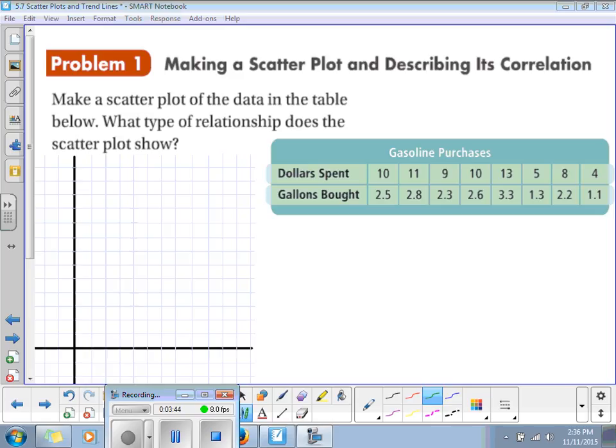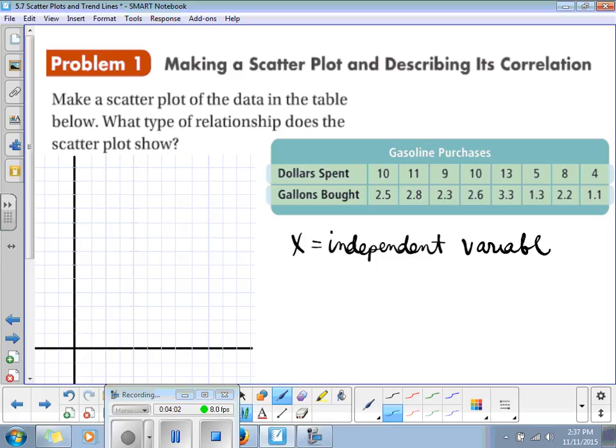The x is the independent variable, and the y is the dependent variable.